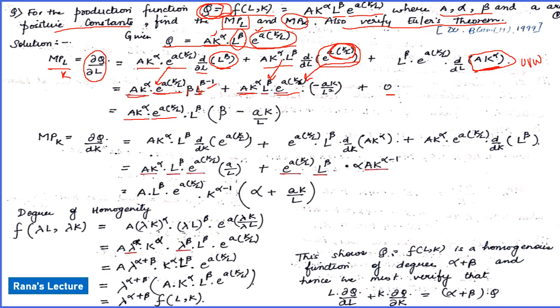Over here we have L to the power beta minus 1. Over here we have L to the power beta. We take out the common L to the power beta, right? Fine. And we open the brackets. Whatever is left we write within the brackets. This will be beta minus A into K by L, because we had this L to the power minus 1 remaining over here. So this is what we got here.